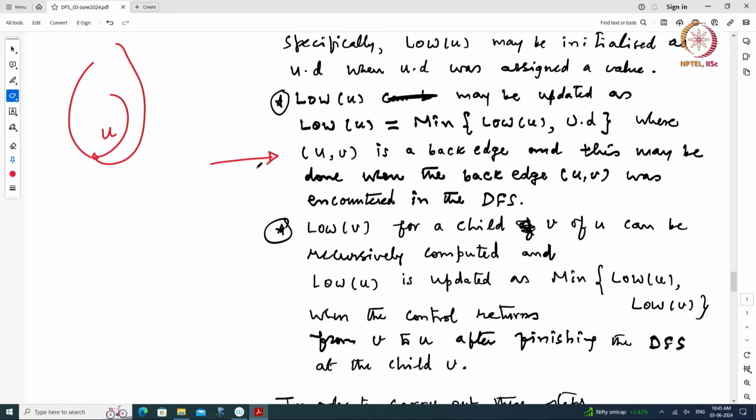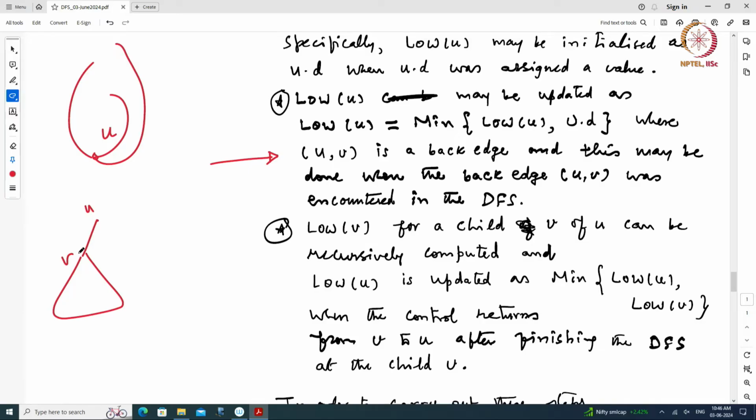Low v for a child can be recursively computed and low u is updated as the minimum of low u and low v, because if you go one step down from u, you get a child v. From here, whatever is the low that you obtain is done by one tree edge followed by 0 or more tree edges followed by one back edge.